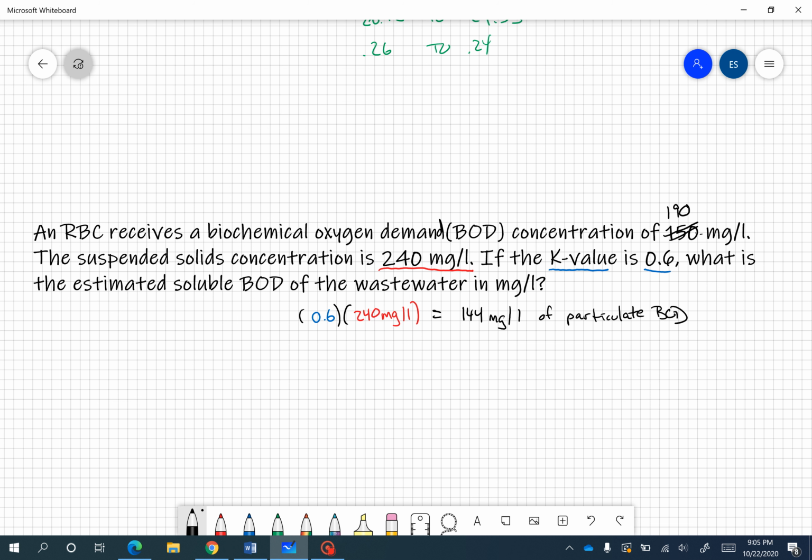BOD. And then since our total BOD concentration is 190 milligrams per liter, if we subtract the estimated particulate portion from the total BOD, so this would be total less particulate, then what's left over is going to be our estimated soluble BOD, which in this case would be 46.